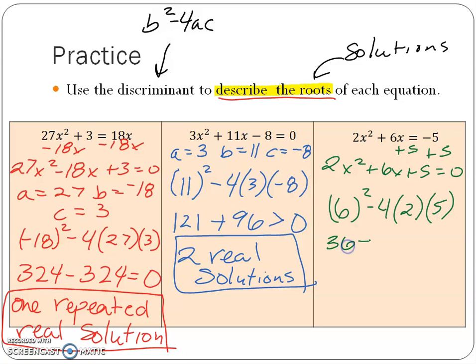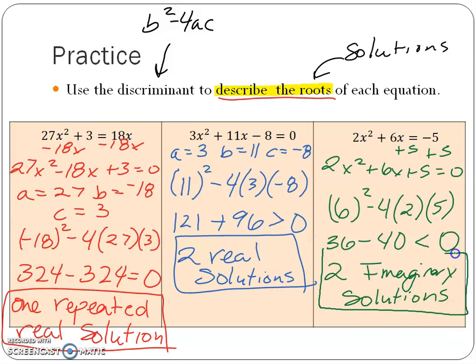So that's 36 minus 4 times 2 is 8, times 5 is 40. What is 36 minus 40? Well, that'd be a negative 4. That is less than 0. So remember, the discriminant is the part underneath the square root. I've got a negative underneath the square root. That means I'm going to have two imaginary solutions. And that is going to be your discriminant.